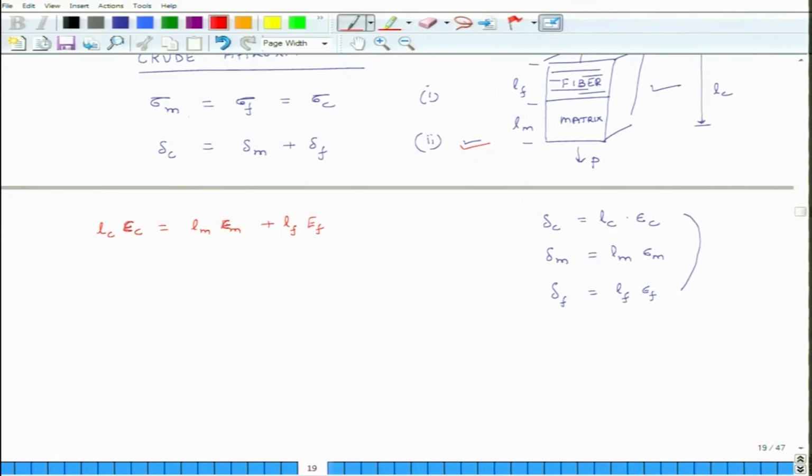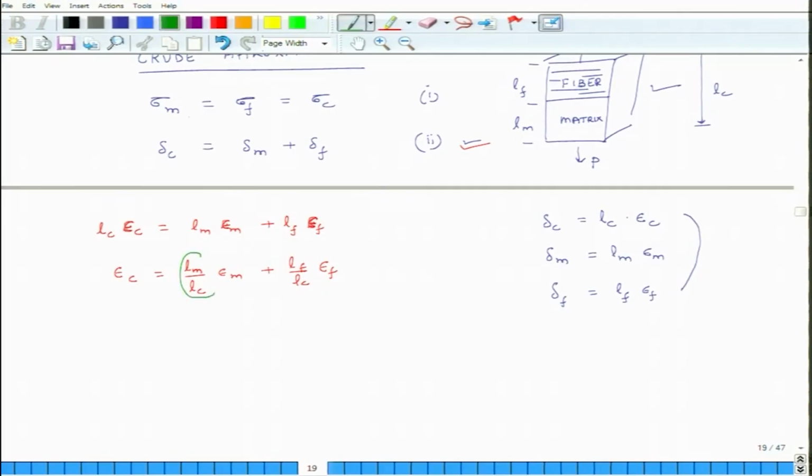I am sorry, these are strains, these are not Young's moduli. And if I divide this entire relation by Lc, I get the strain in composite is equal to Lm over Lc epsilon m plus Lf over Lc epsilon f.